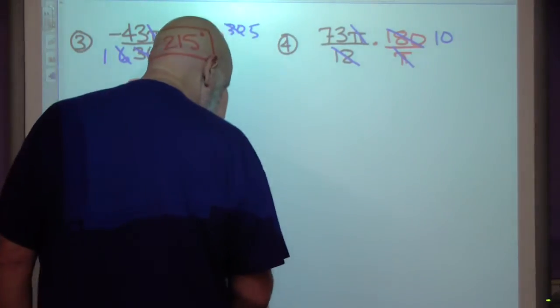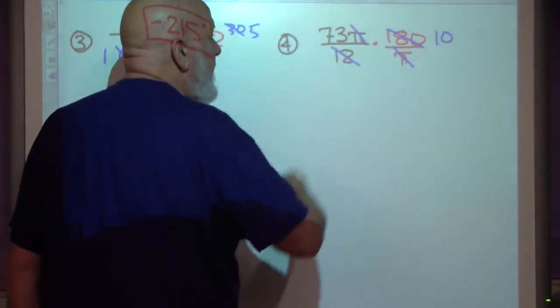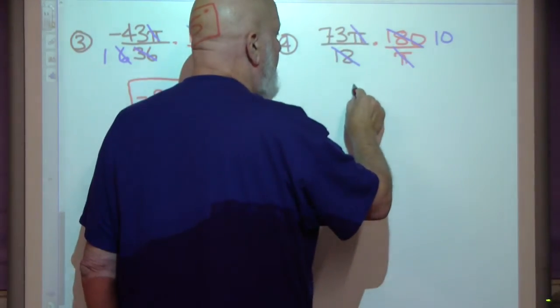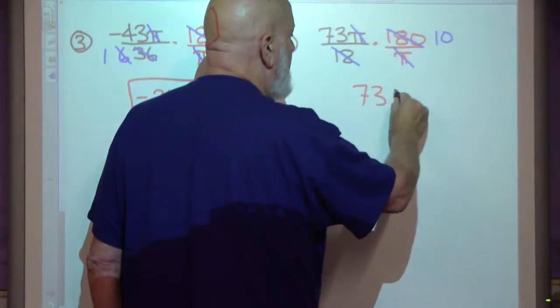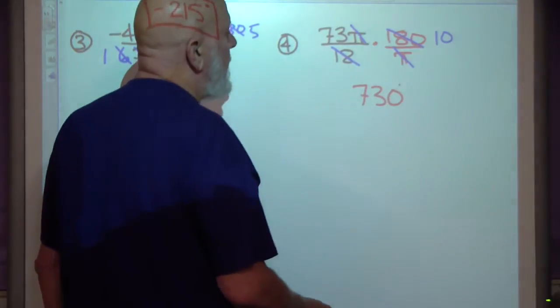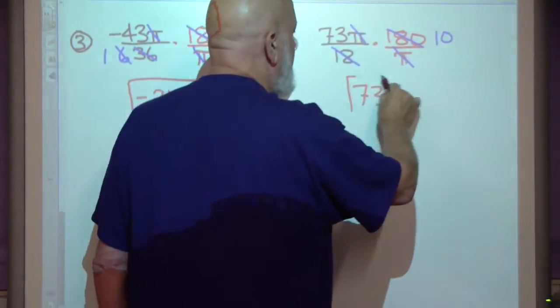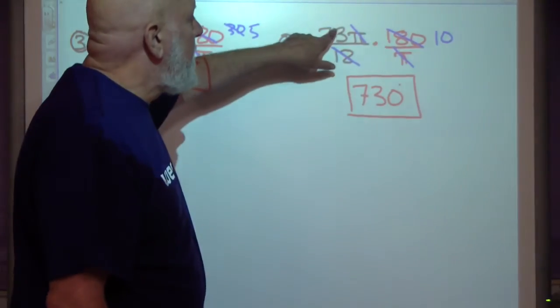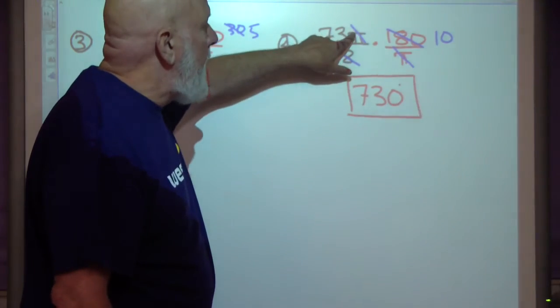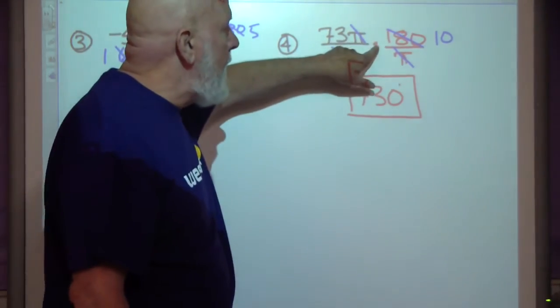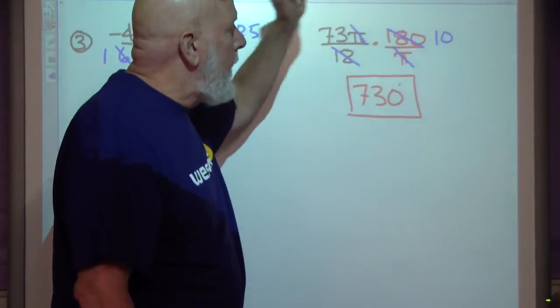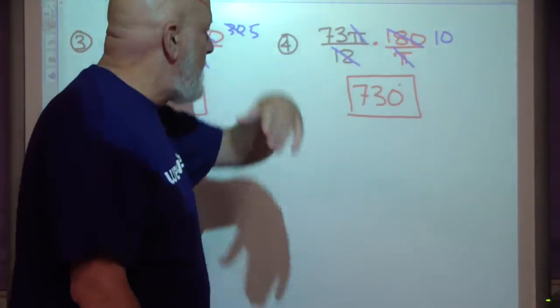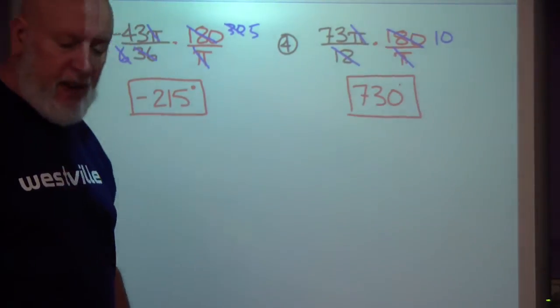And now I can just multiply what's left. 73 times 10 should be 730 degrees, unless I've made a mistake. And as I said, one of the kids said you can just type in 73 pi over 18 times 180 over pi, hit equals, and the calculator will do all that nice fancy stuff for you.